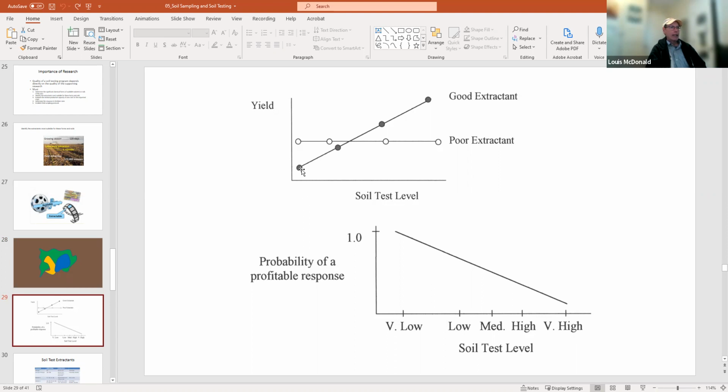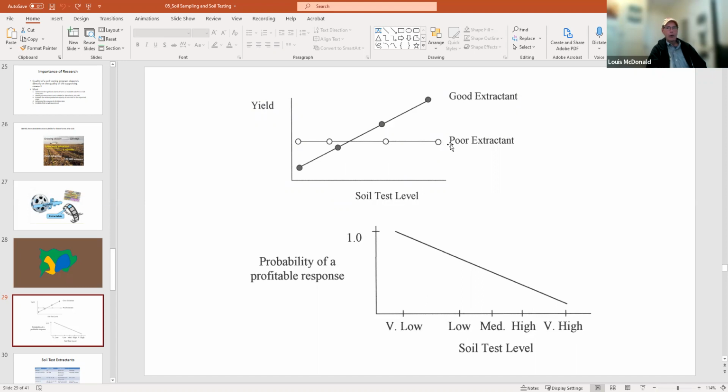And so the best extractant is the one that, when we put each of our soils in a soil test category, low, very low, up to very high, and then we extract those and see which one is correlated with yield, that's the best extractant. And so this could be the yellow one, right?